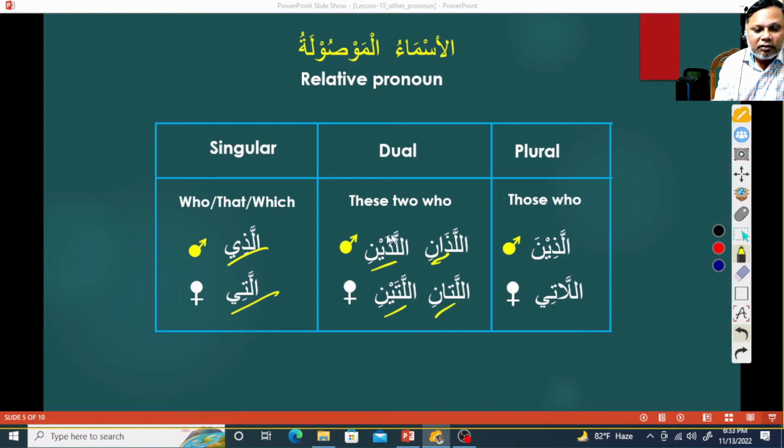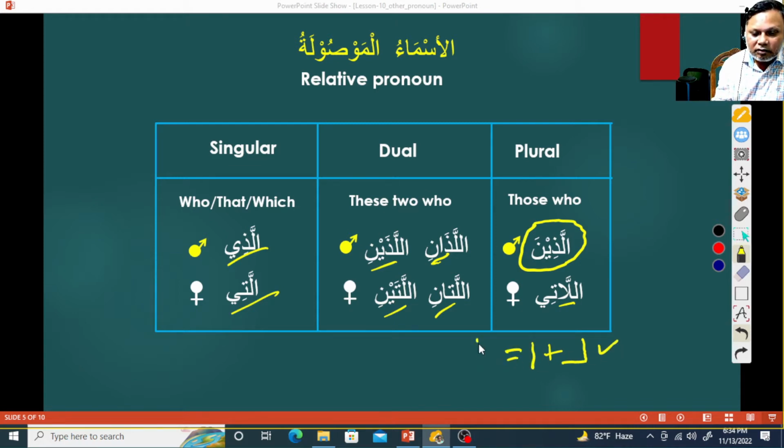And for plural, for male, it will be Allazina. This Allazina is used in Quran many times. Allazina means those who. And for female, it will be Allati. Here the singular is Allati, and here there is an extra alif. The extra alif and this lam becomes this lam alif.